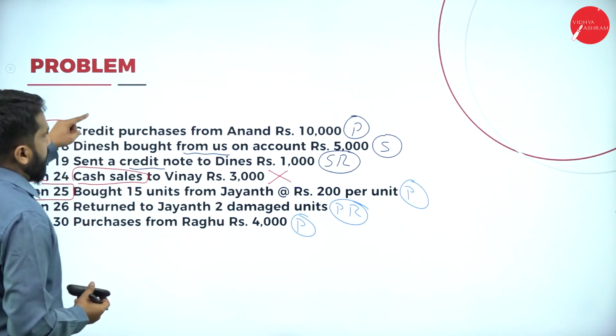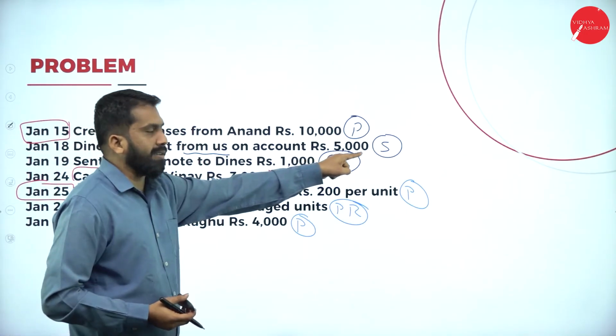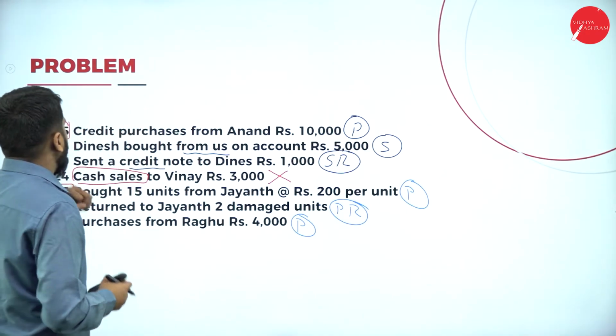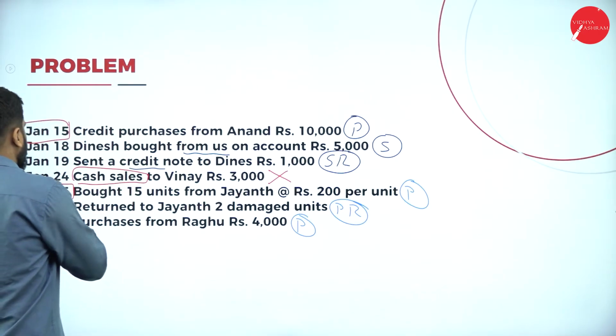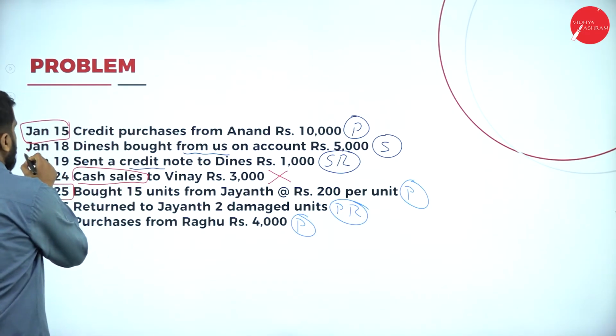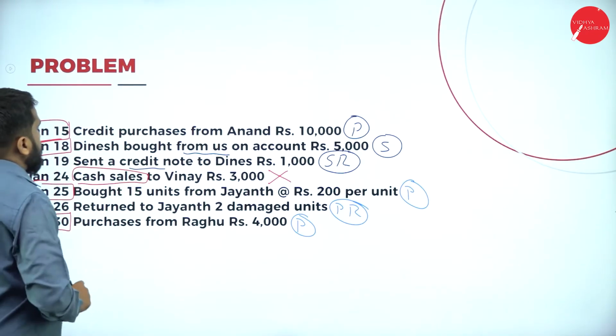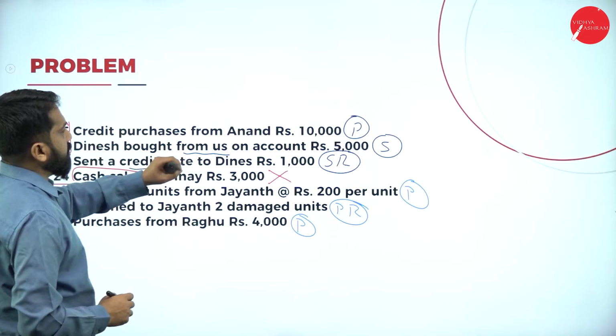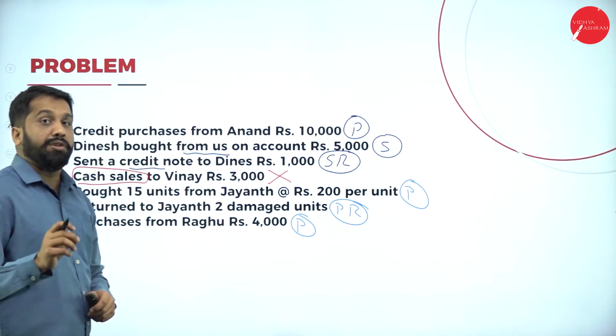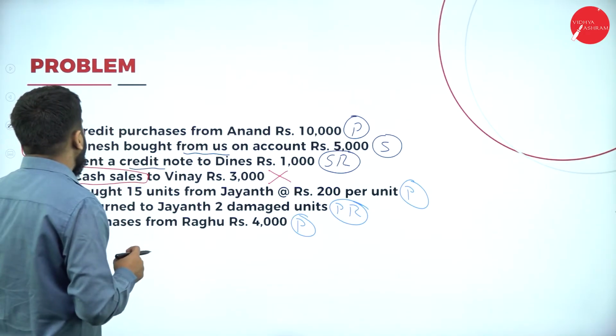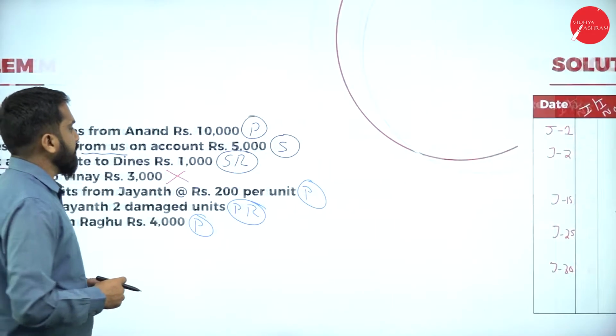Now, is there anywhere sales? Yes, we have one, that is sales. Now, what is that? So Dinesh bought from us, it is 5,000. You should mention Dinesh, and date it is January 18th.